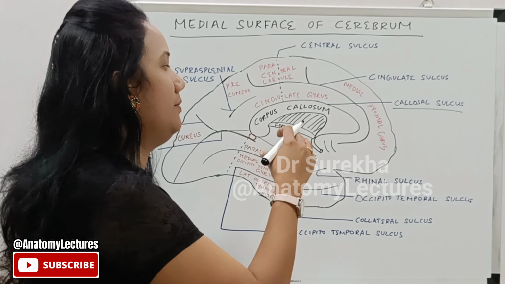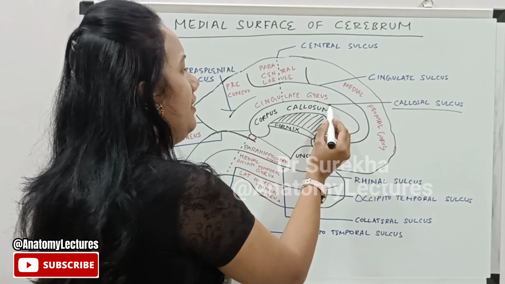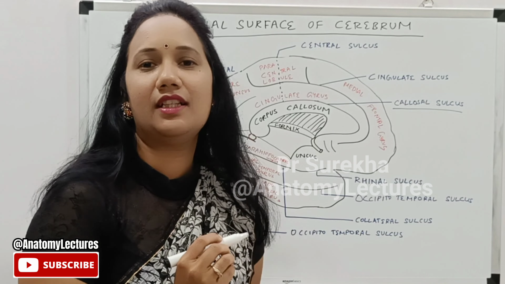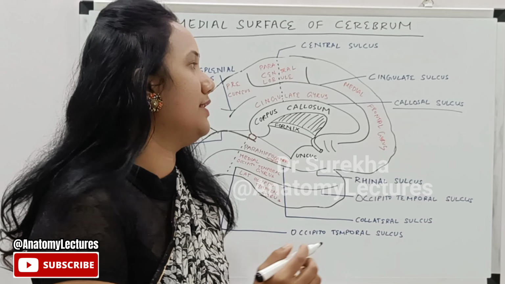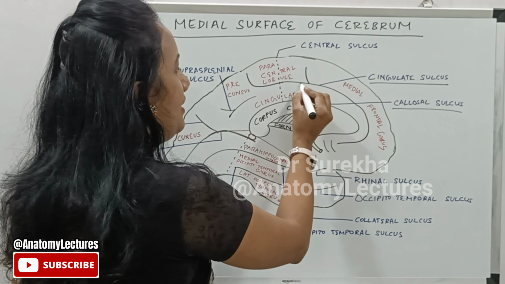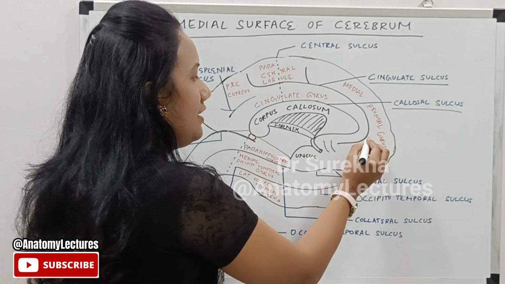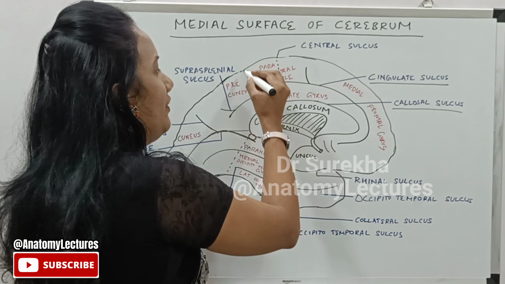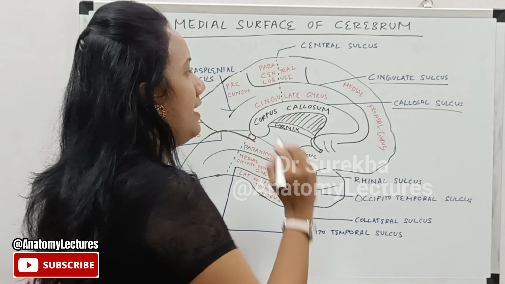And 1 centimeter above the callosal sulcus, you see a sulcus which runs parallel to the callosal sulcus, and that is called the cingulate sulcus. The cingulate sulcus will extend into the frontal lobe and posteriorly it will end with an upturned end.